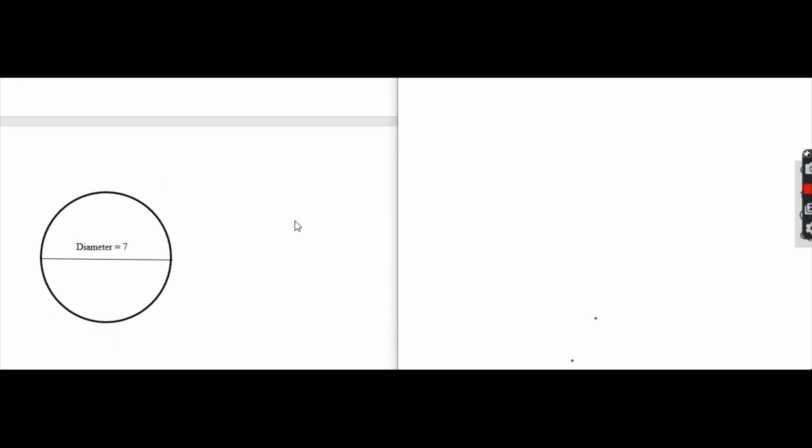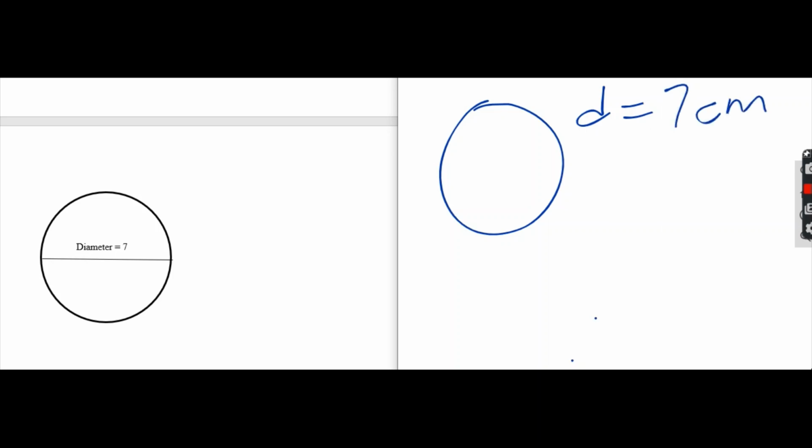We have a circle. So how do we find the perimeter of a circle? Okay, let me draw this circle over here. And this says the diameter is equal to 7 centimeters. Previously I told you that we find the perimeter of a circle by using the formula 2 pi r. Oh, so we do not know the radius of this. How do we find the radius? That is something very important that you should know.